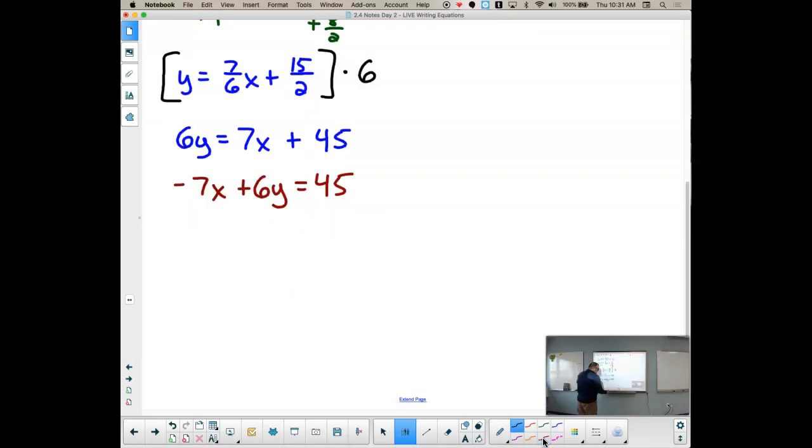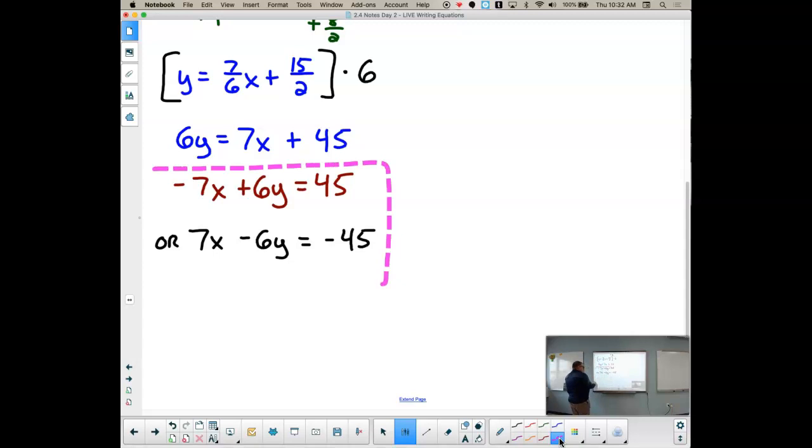The other answer that I would accept here would be 7x minus 6y equals negative 45. Either one of those. Okay? So that is part A.